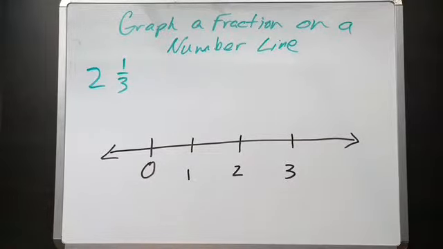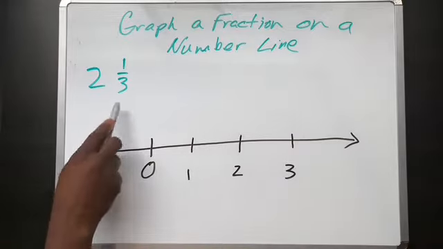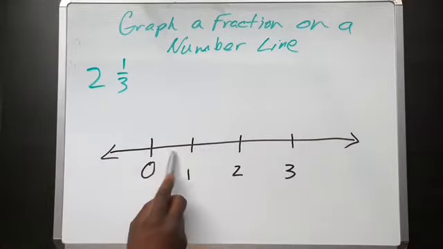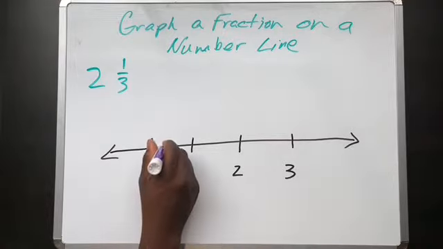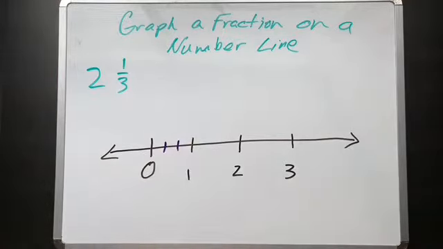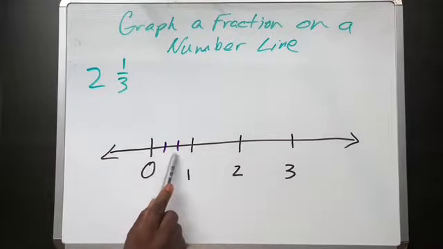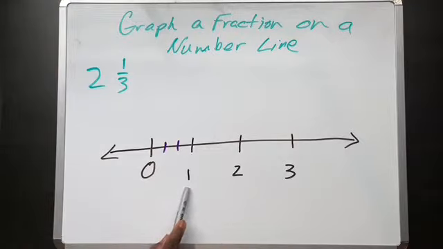And then because I'm dealing with thirds, I want to create hash marks that create thirds in between each of the whole numbers. Let me show you that. 1/3, 2/3, 3/3, which equals 1.